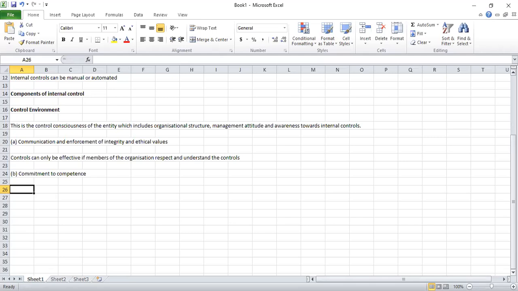Then you check, was there any development that happened? Maybe courses that the company is giving to the employees. Was there any orientation and stuff like that, so that they can understand the processes? Through that, you can evaluate the commitment towards competence.